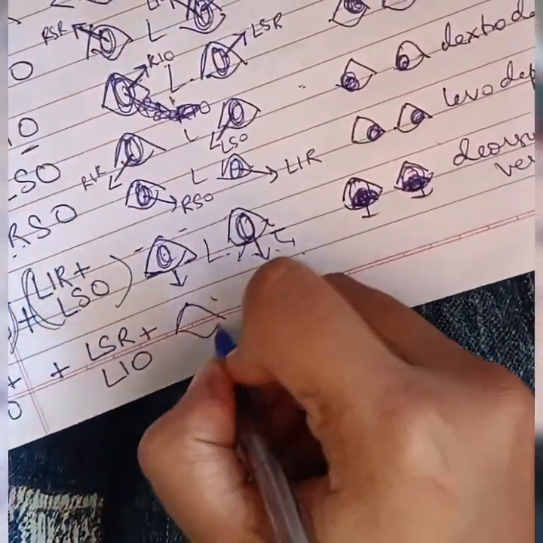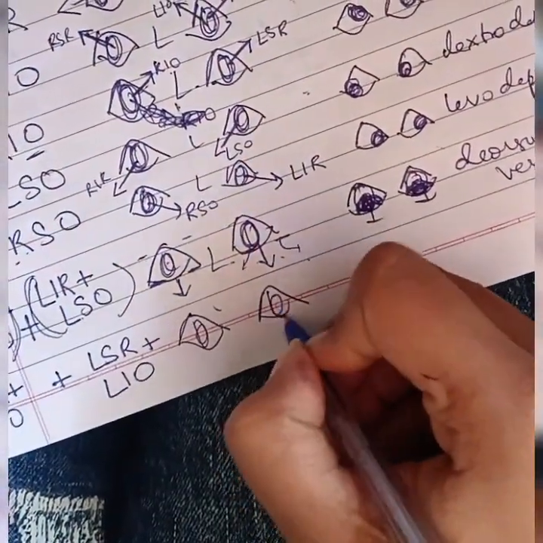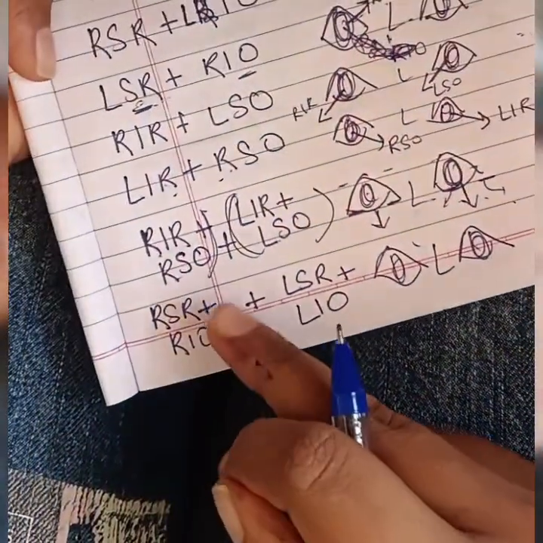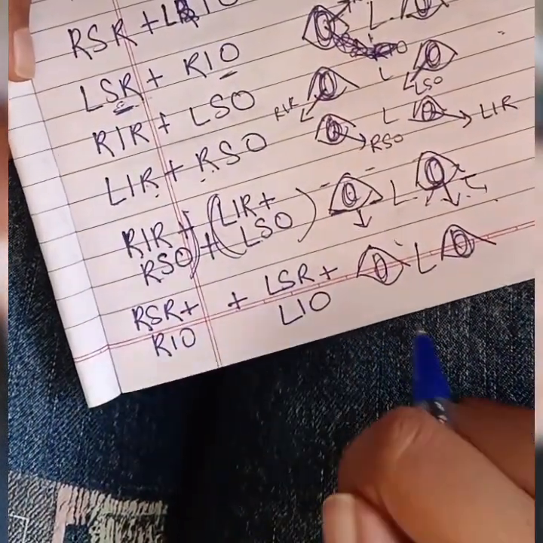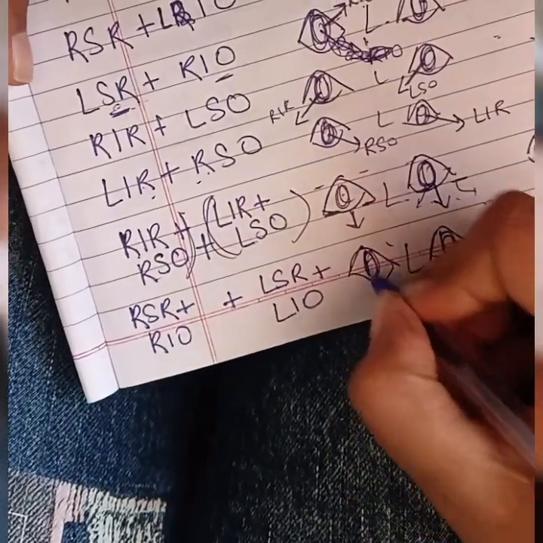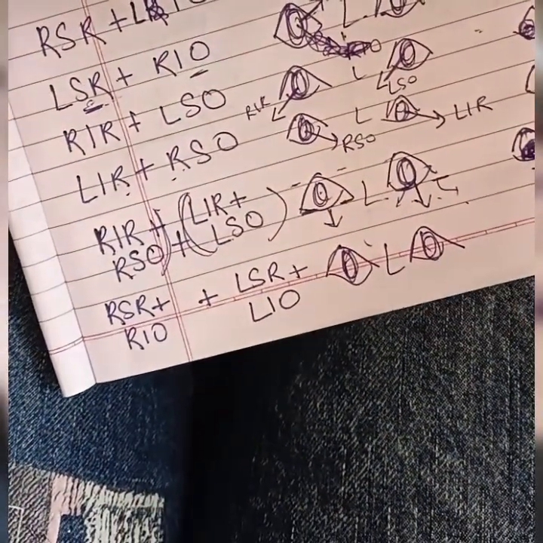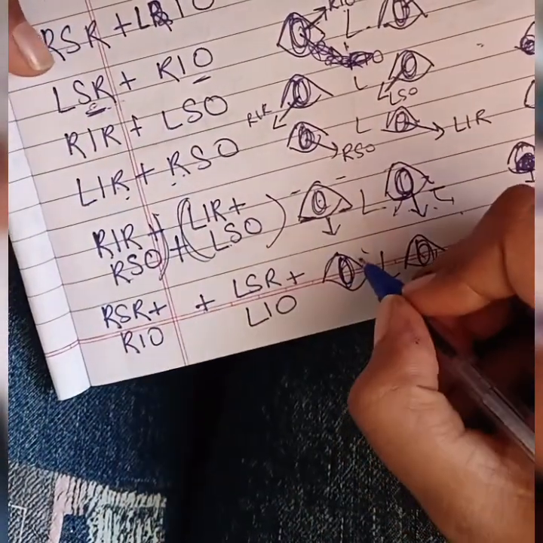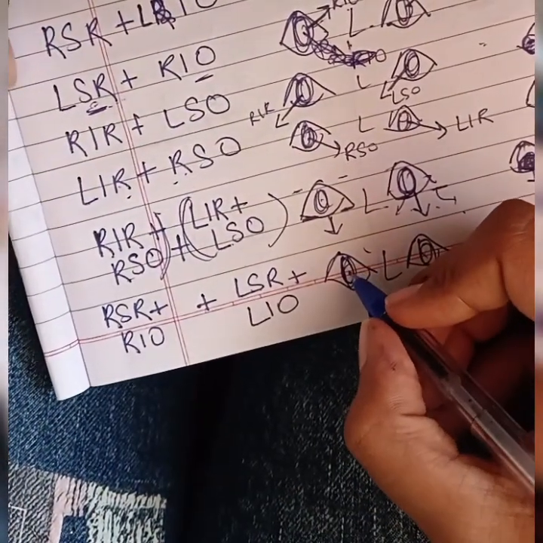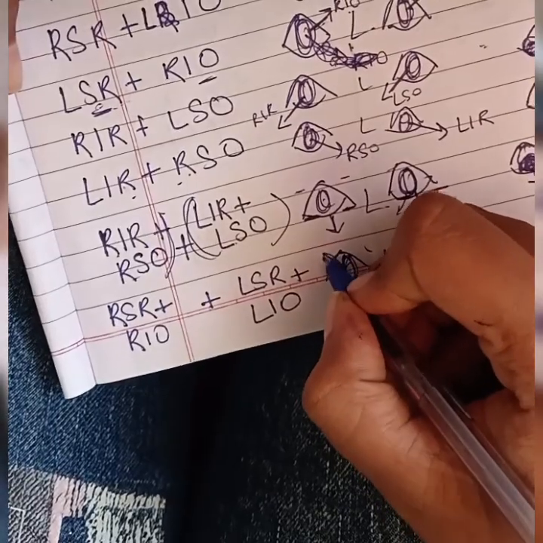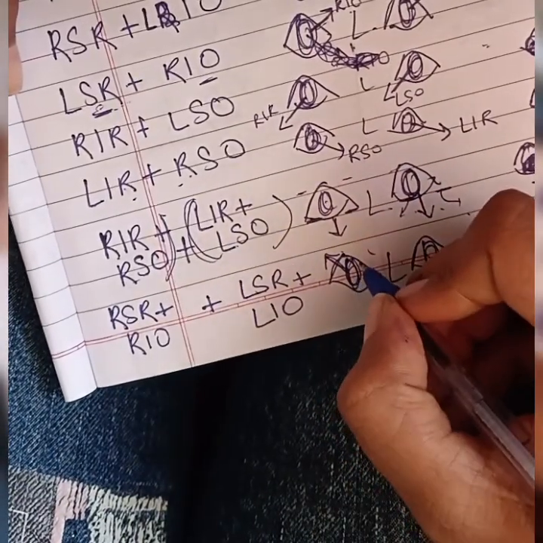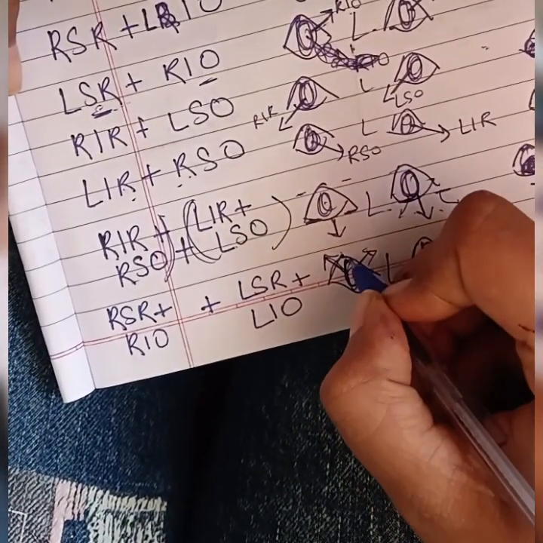Similarly, for both eyes, that is right superior rectus plus right inferior oblique. So for your right eye, we know again right superior rectus is elevation and abduction, and right inferior oblique, elevation and adduction.